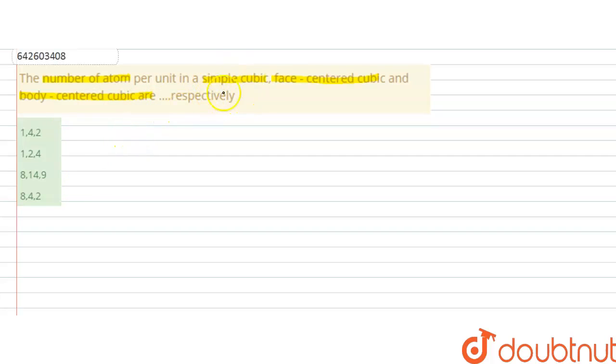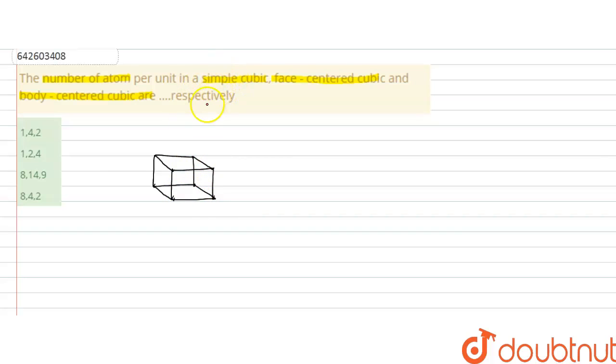First of all, we will draw the structure of the simple cubic unit cell. This is a simple cubic unit cell.